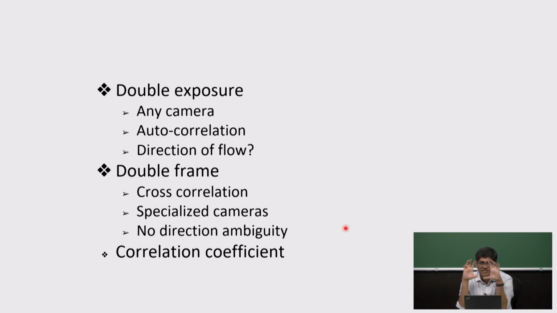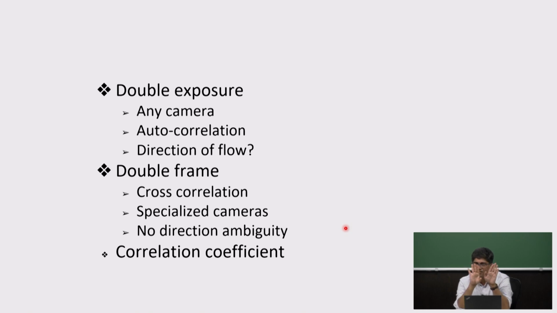What they used to do, especially with the cameras, is expose the camera for long but put the light on only for a very short duration. So it gets illuminated while the camera is still open, then I put the laser on once again, which means in the same frame I have two instances recorded.